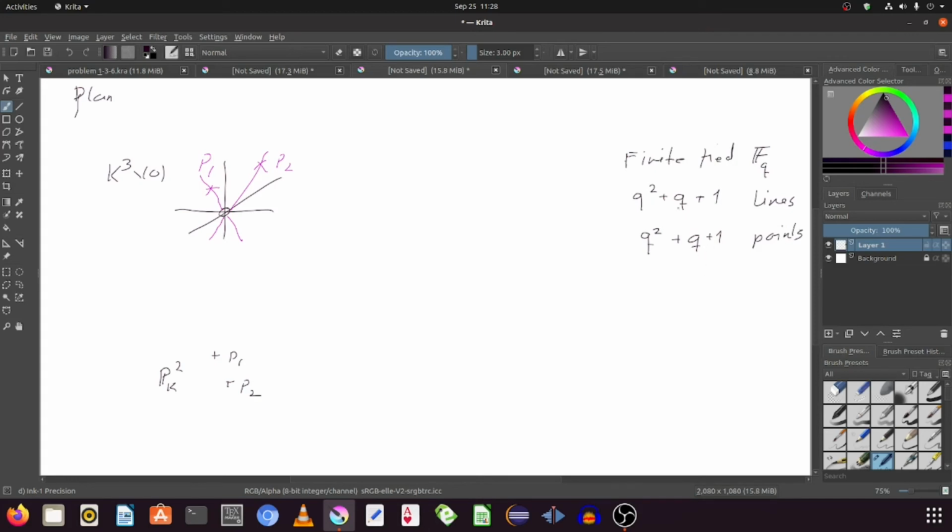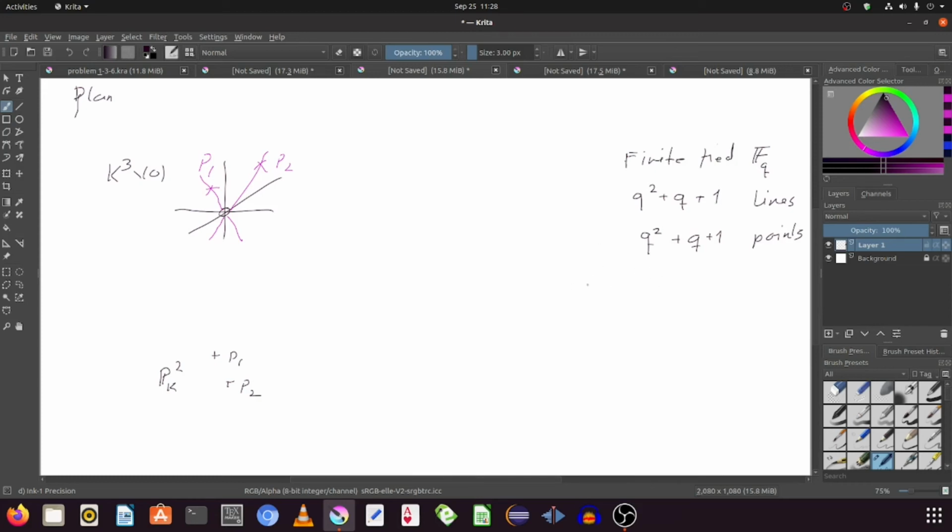Interesting that the number of lines equals the number of points, but we actually knew this already from one of the previous problems, that there's a one-to-one correspondence between lines and points.